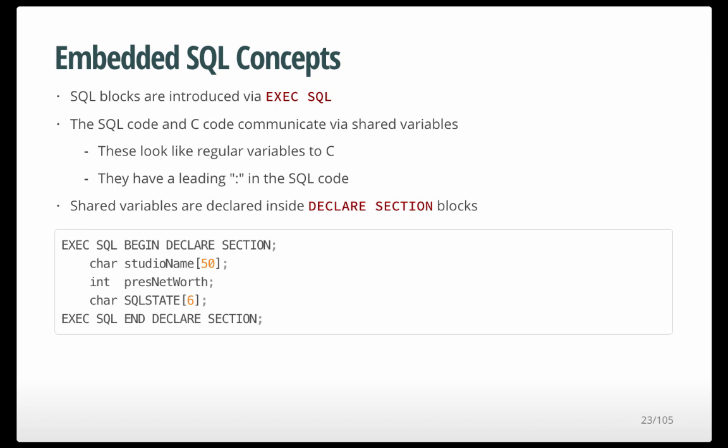They're just variables using the exact C syntax, but because they're inside that declare section, the preprocessor that does all the SQL handling knows about those variables and realizes that it can pass them between C and SQL. Over in the SQL section, those variables will have a colon in front of them. Again, that's just to help the preprocessor know where the variables are being used.